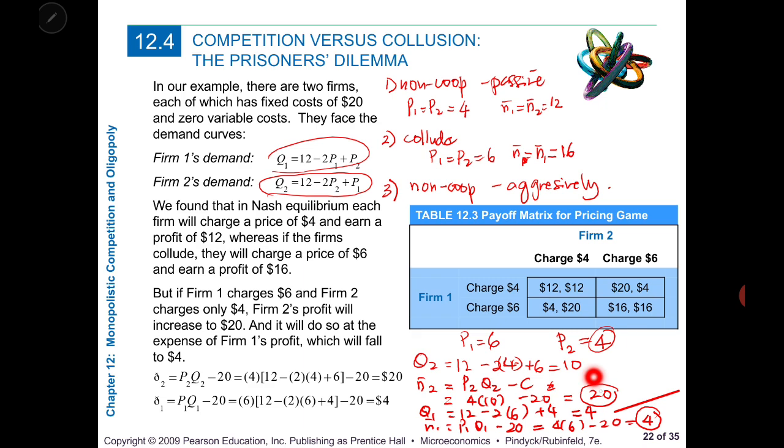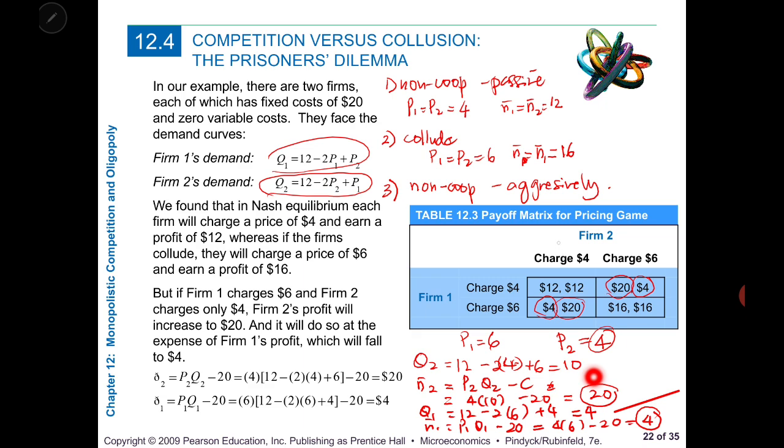This is the latest model scenario that we discussed just now. If firm 2 decides to charge $4, then firm 2 will earn $20 while firm 1 earns 4. If it's the other way around, firm 1 is the one that strategically cuts price, so firm 1 will be earning $20, while firm 2 will be earning $4 profit.